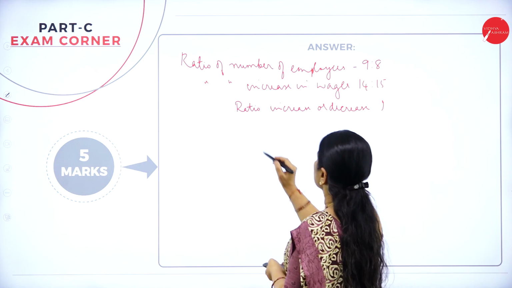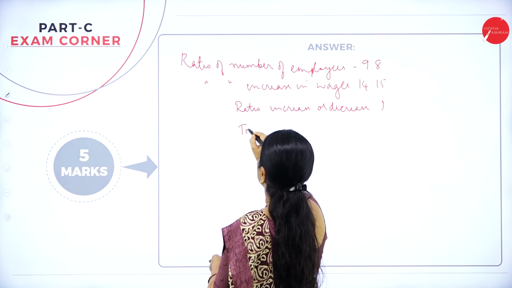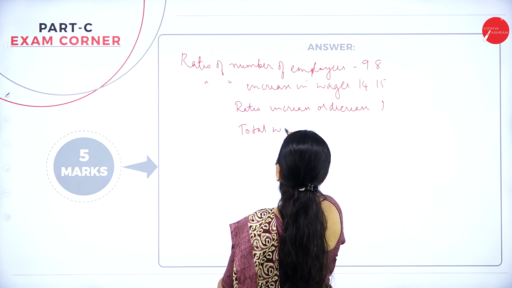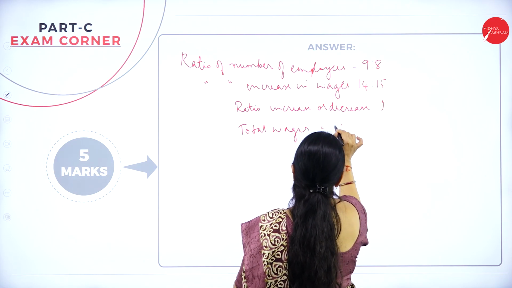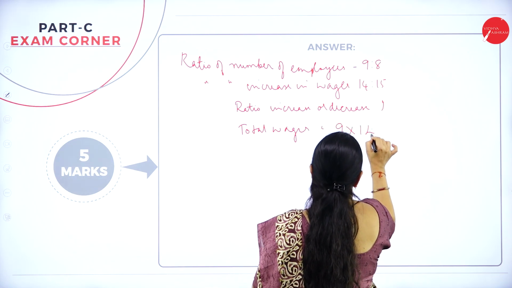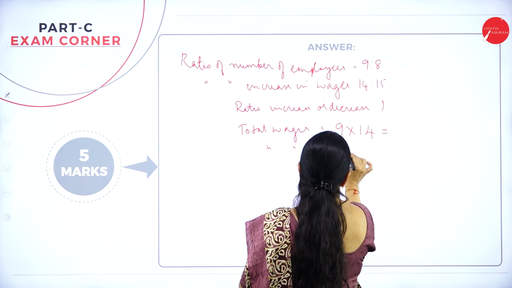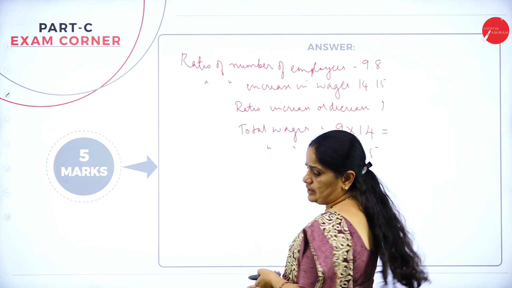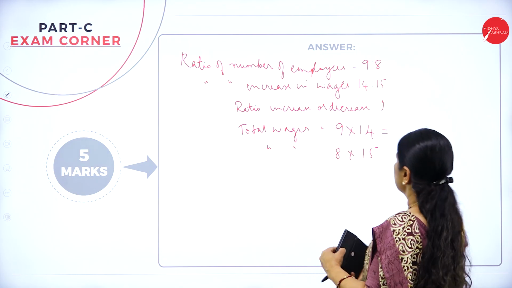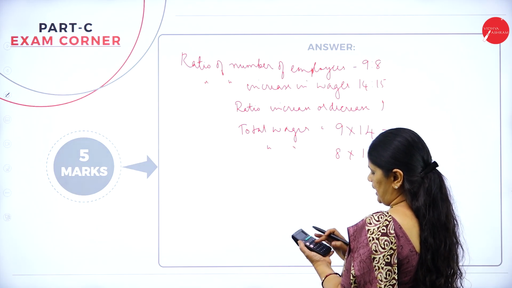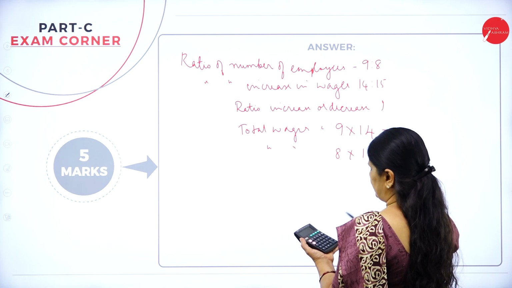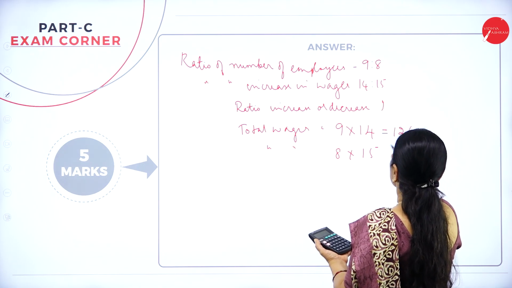So we write total wages equals 9 into 14 and 8 into 15. 9 into 14 is 126.